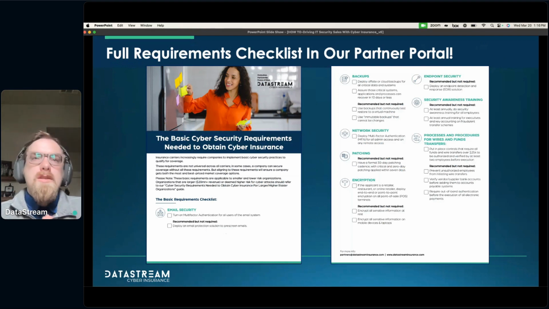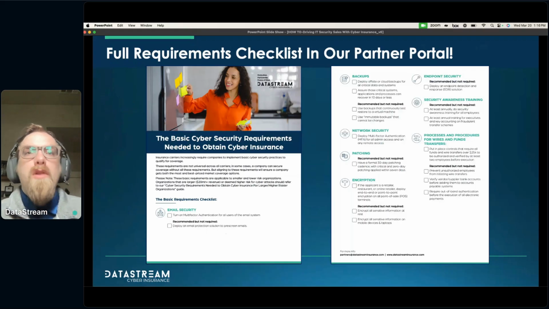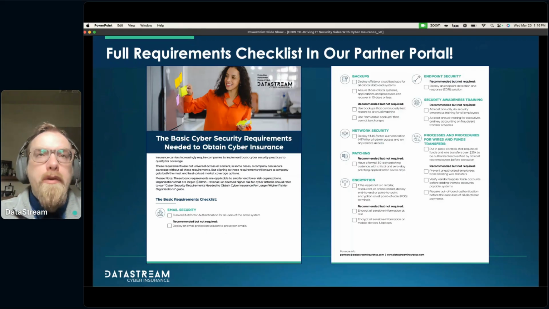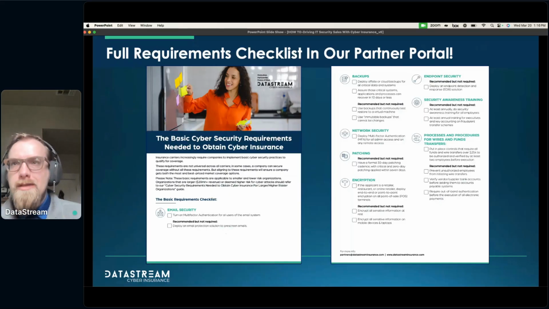Ideally, this is used to educate them even before they get to the point of applying for insurance, so that hopefully they understand what the carriers are going to need, and it reduces the back and forth with the carriers, where the carriers come back saying, sorry, you don't have this in place. If you get this in place, we'll think about it.